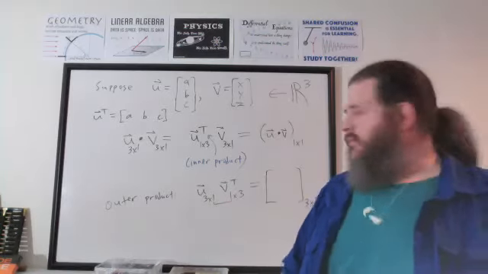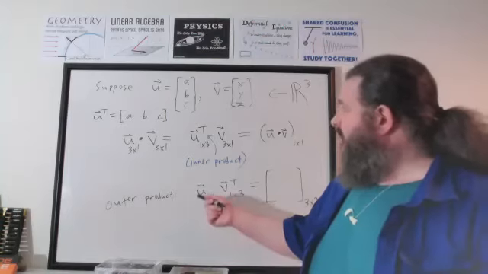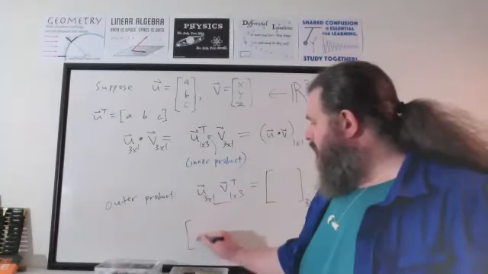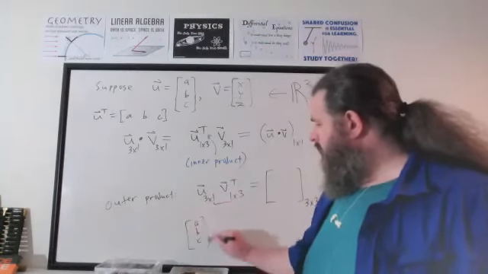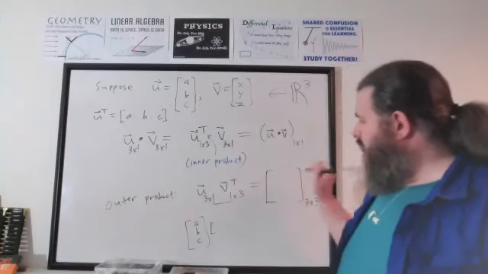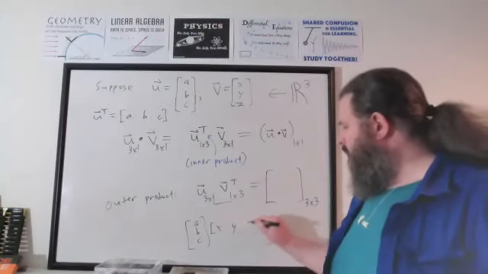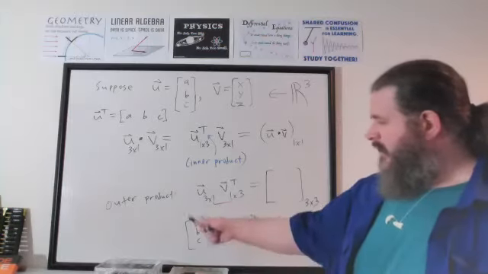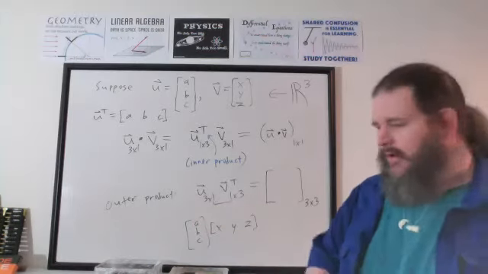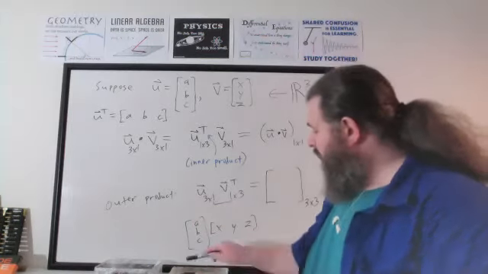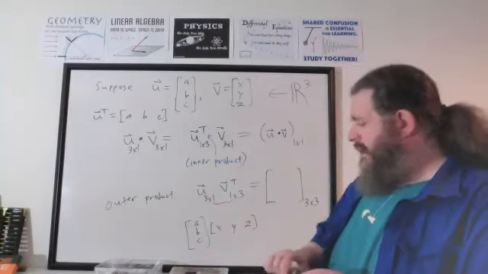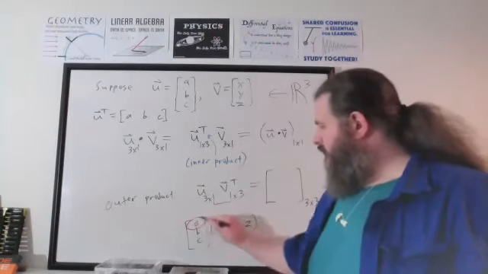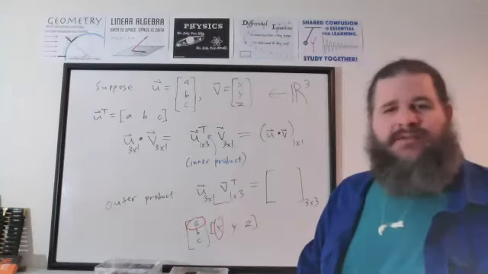And the reason we get that 3x3 matrix, if we actually write this out, like U as a column, A, B, C, times V transpose as a row, X, Y, Z, by multiplying column times row in this order, we're still going to be combining a row of the first matrix times a column of the second matrix.